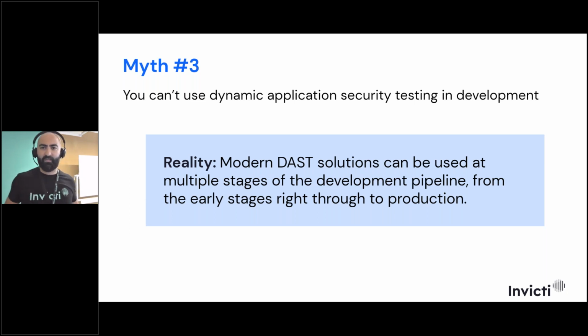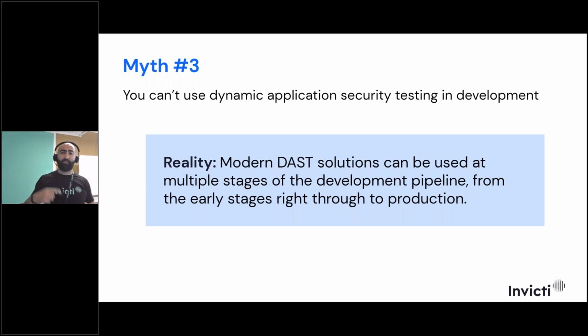And this is the beauty of a DAST solution, because you can run dynamic scans, especially with modern DAST solutions, on every single stage of your SDLC. Why? Because modern DAST solutions can be implemented easily. It's only about adding a domain name or IP address, then adding authentication, running a scan, boom, that's it. So you can implement it at any stage.